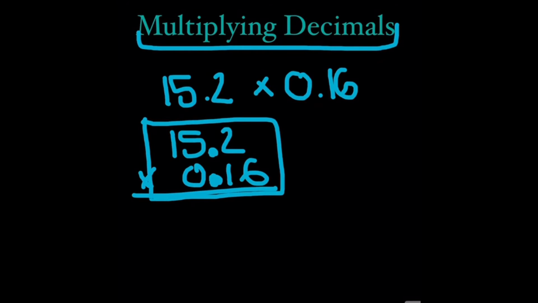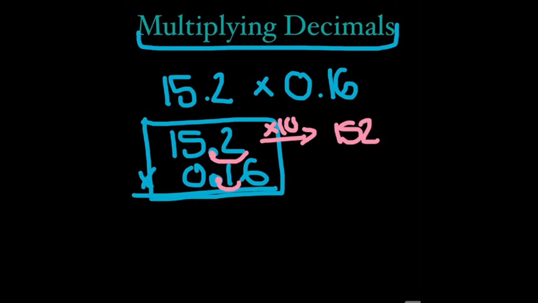Now, our next step is to make them whole numbers. So I would change this a little bit because I would times this one by 10, which leads me to 152.